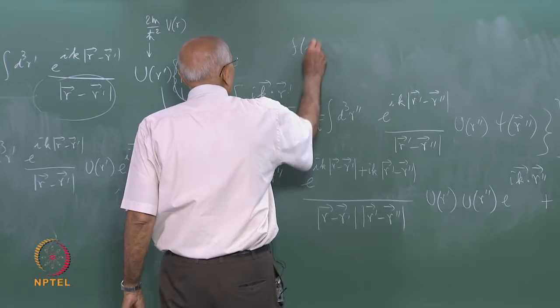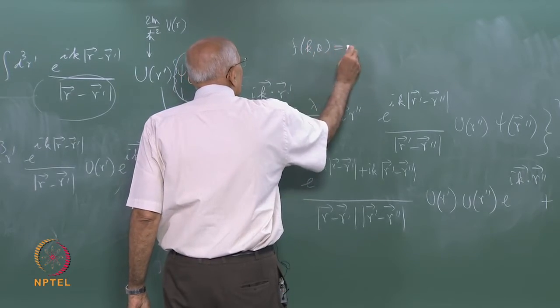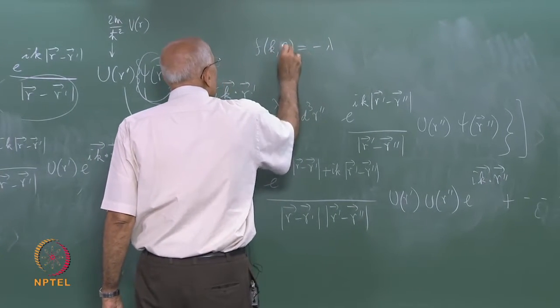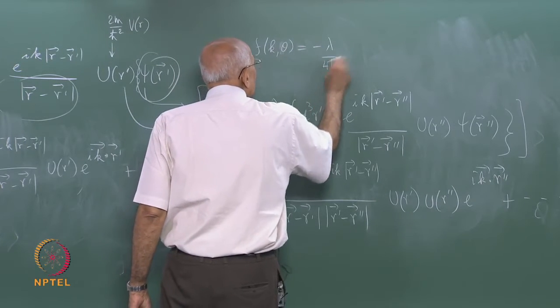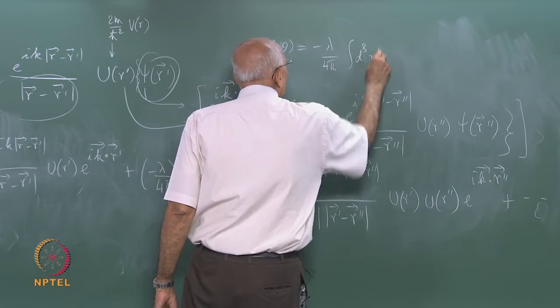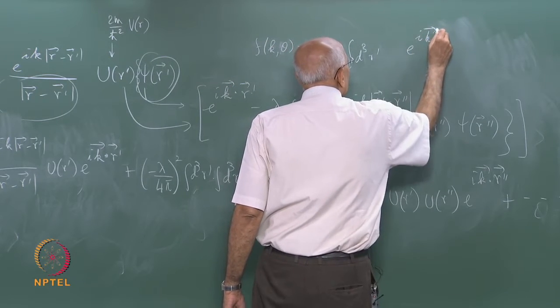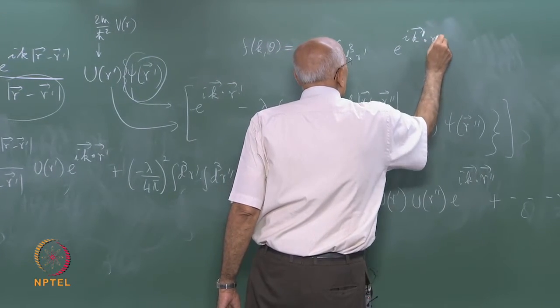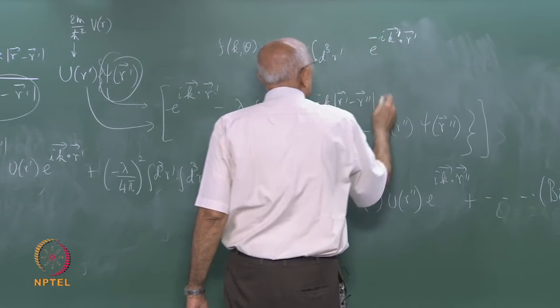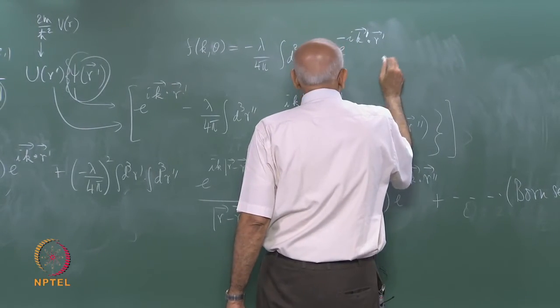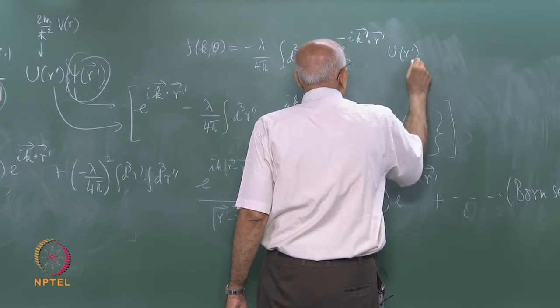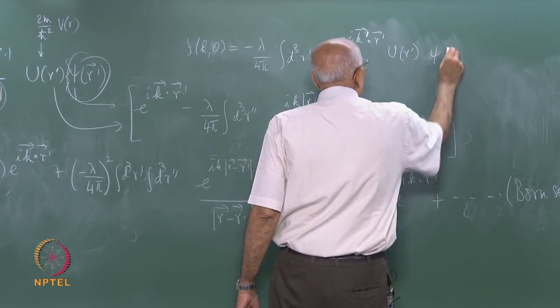So we have f of k comma theta equal to minus lambda over 4 pi and integral d3 r prime e to the I k prime dot r prime with a minus sign, and then there was u of r prime, and then there was psi of r prime.